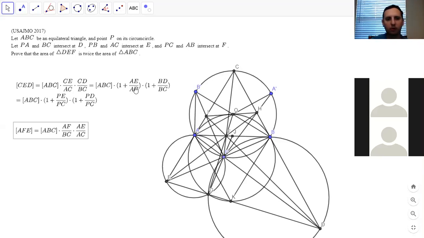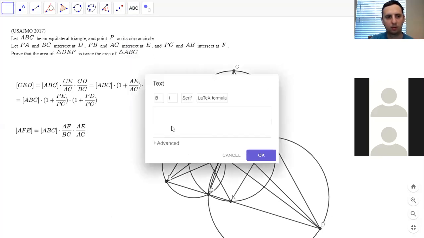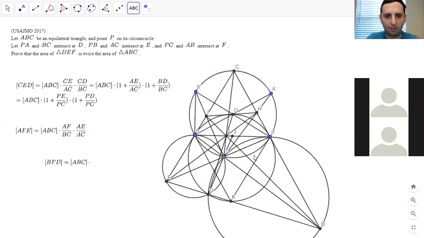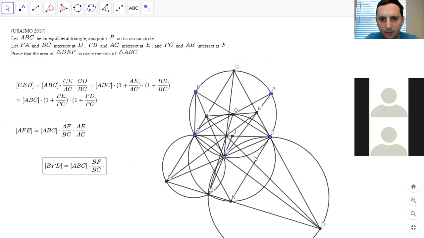So yeah, maybe it's worth expanding this out right here. I'm going to write BFD also. So we have the area of BFD, it's the area of ABC times BF over BC, and then times BD over BC.